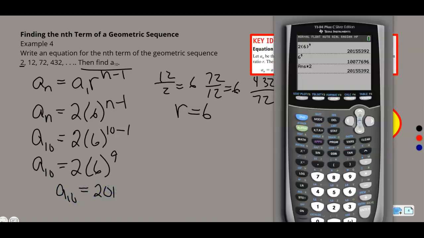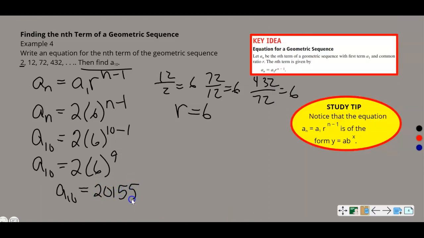All right, so what was that number again? All right, so you have a geometric sequence. If you keep expanding this to the 10th term, this will be the number in place of your 10th term.